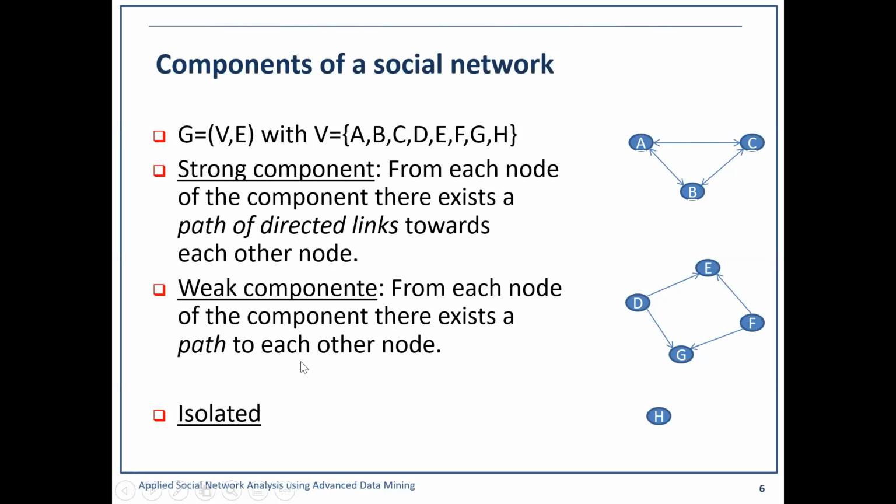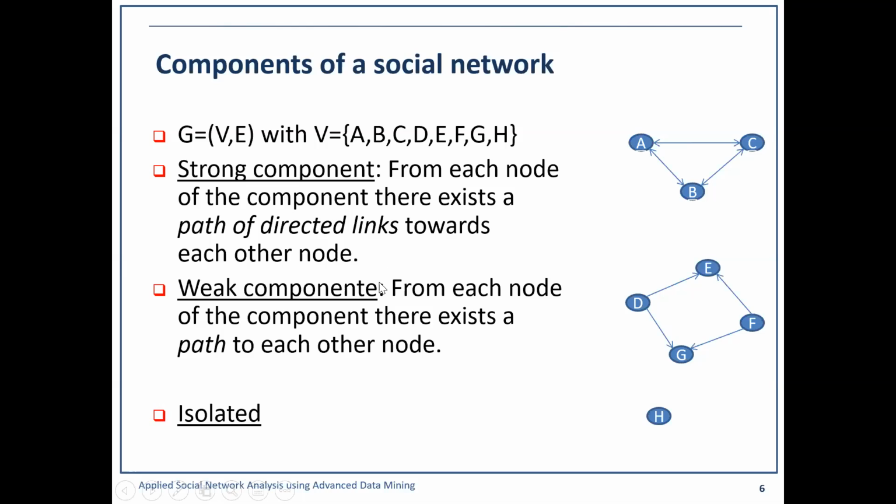That's not the case in a weak component. For example, from D to F, there is no directed link or directed path. For example, we can go from D to E, but not from E to F. We can go from D to G, but not from G to F. So from D to F, we have a path, but it's not a path of directed links.